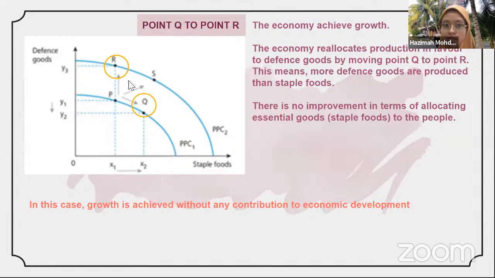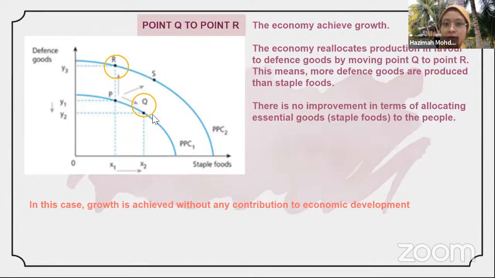Q to R sini. Okay. Meaning the country achieve economic growth because the point on the PPC curve dia pergi physical yang lagi improve kat sini. Tapi the economy reallocates production in favor of defense good by moving from point Q to point R. Okay, meaning walaupun ada economic growth, baguslah kan.